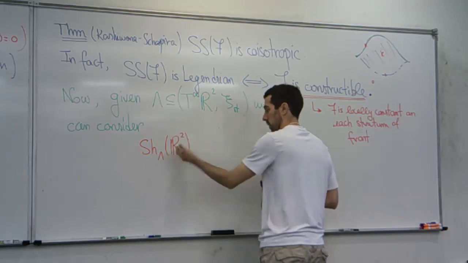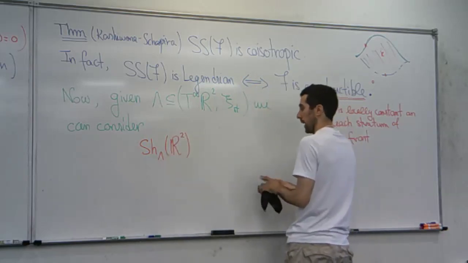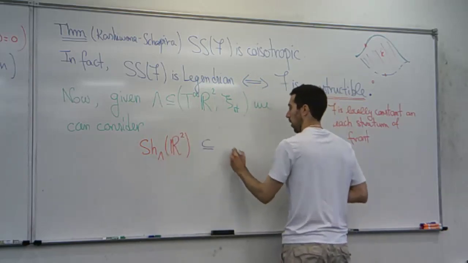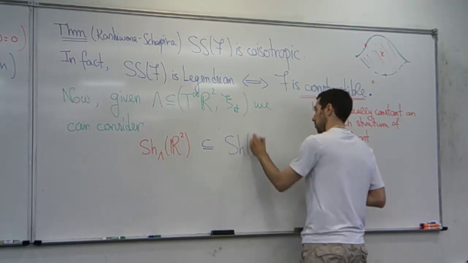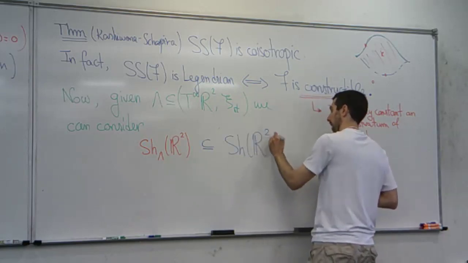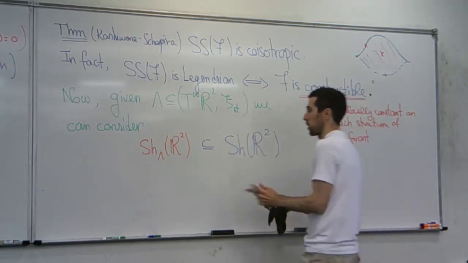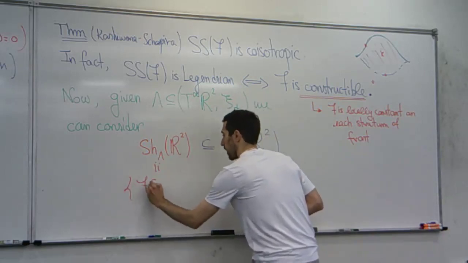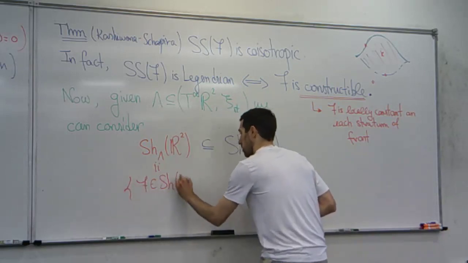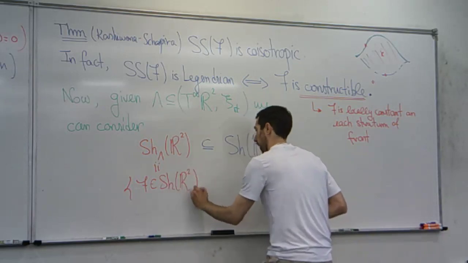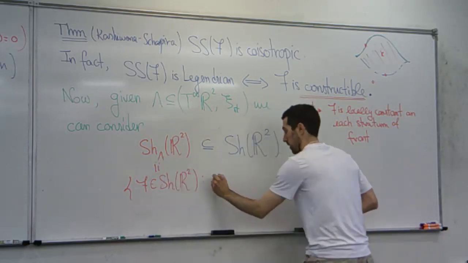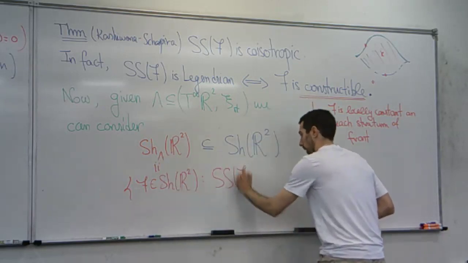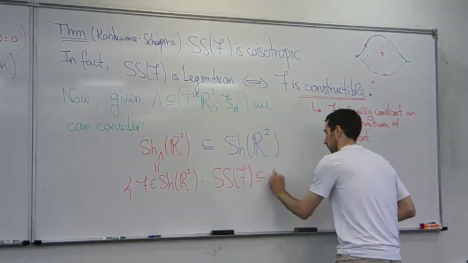Again, if I don't put coefficients, I just mean mod K, and that is a subcategory of the category of all sheaves in R2. It is defined by the condition that it's all objects F in here such that the singular support of F is included inside of lambda.